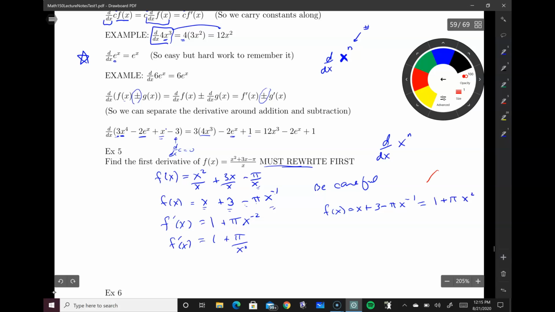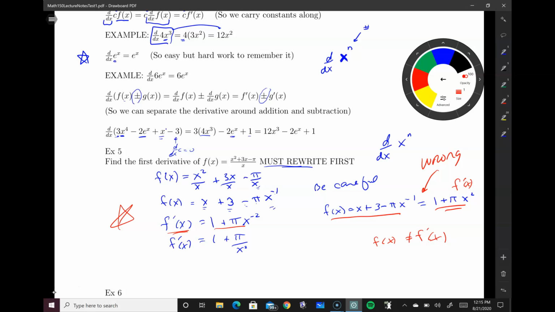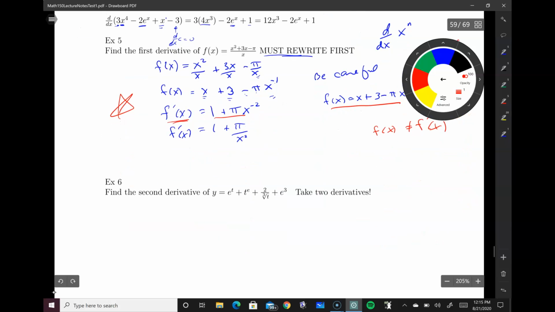So this is wrong, because this is the function, this is the derivative. The function does not equal the derivative. So be really careful. Notice what I did here. F of x equals, oh, f prime of x equals. So be careful with your notation. You're going to need to know which is your derivative and which is your function.